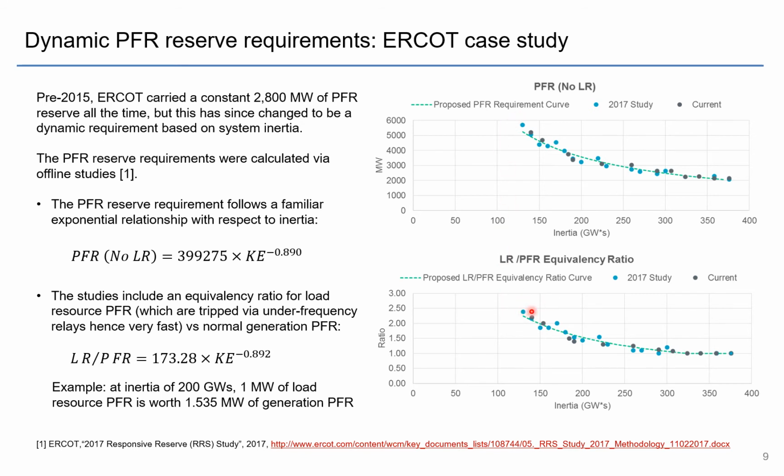What this is saying is that if you were sitting at 200 gigawatt-seconds of inertia, then 1 megawatt of load resource PFR is actually worth 1.535 megawatts of generation PFR. In this way, you're incentivizing more load resources to come in at lower inertia levels than at higher inertia levels.